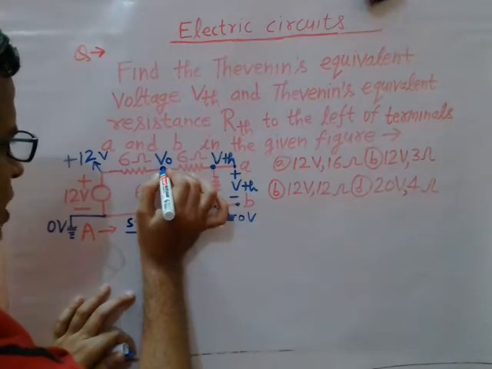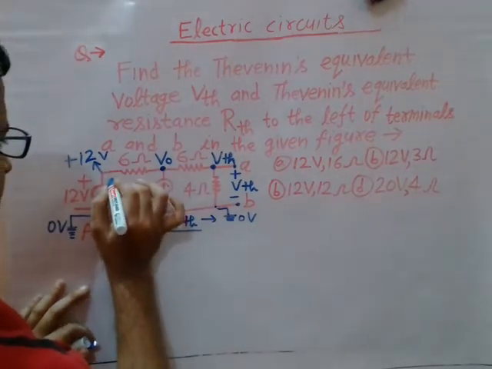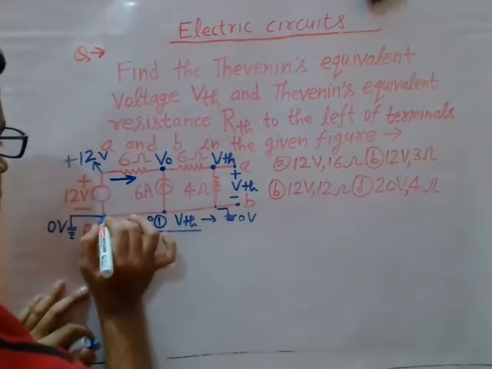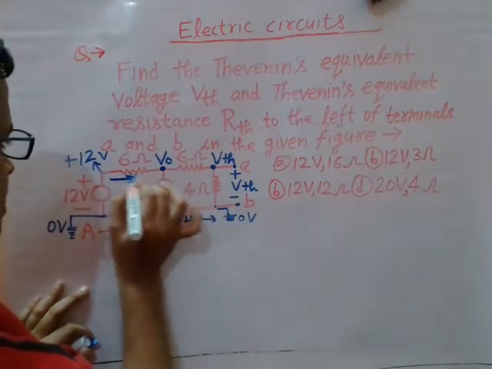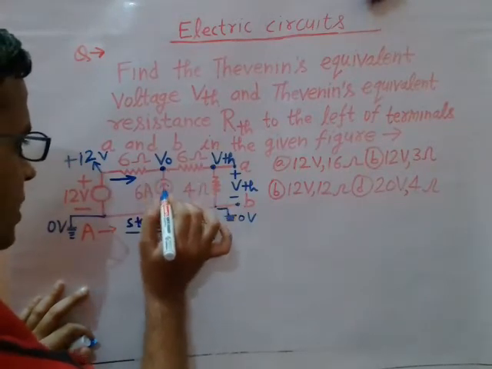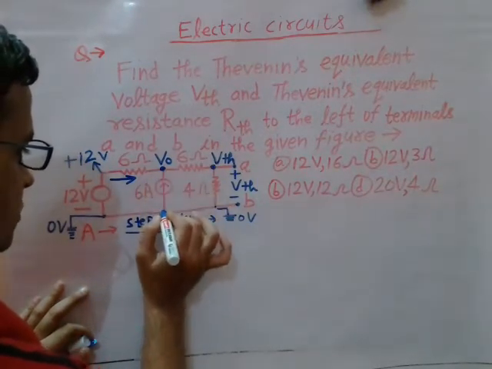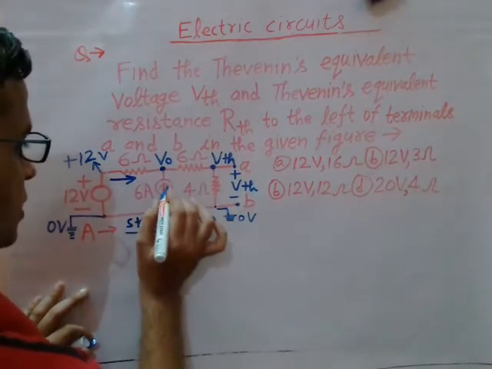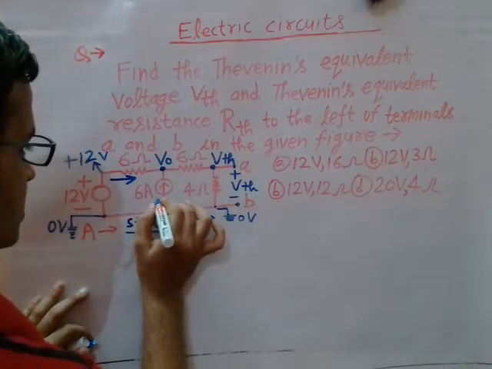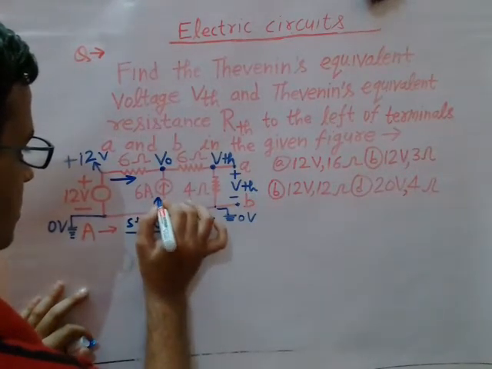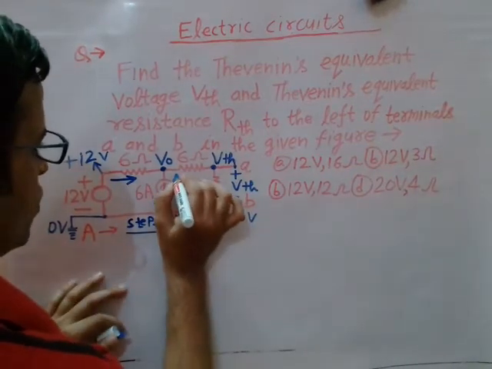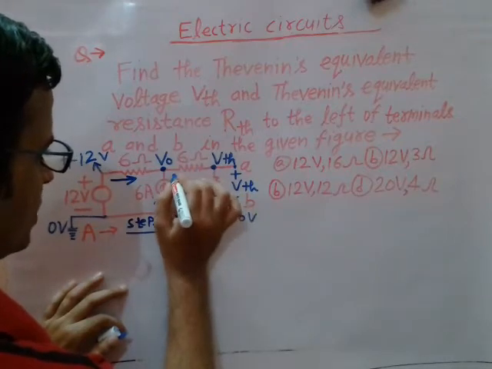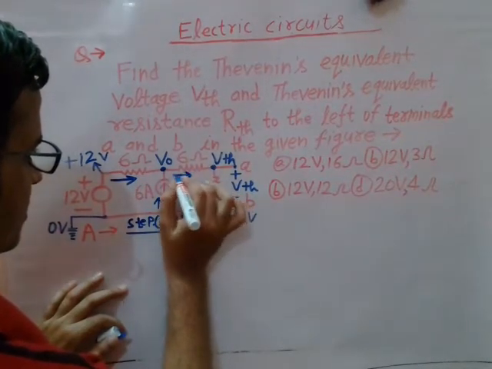Suppose the directions of currents at this node are like this. Suppose this is the current in this branch, flowing towards the node. 6 ampere current is flowing from bottom to top, upward like this. And suppose the direction of current in this resistance, which is 6 ohm, is like this.